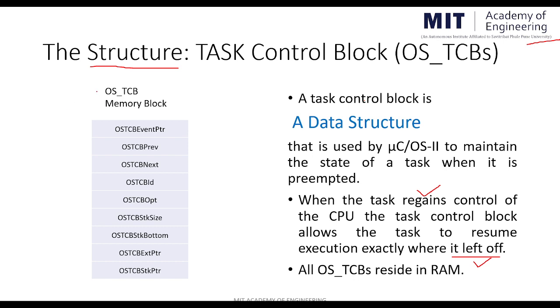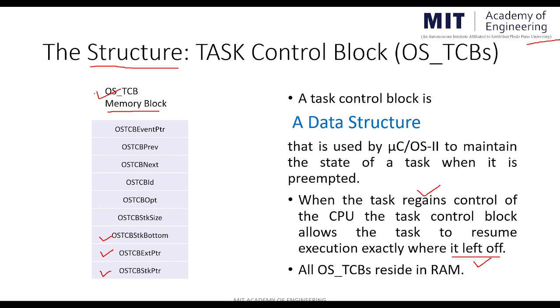Now, this diagram says that this is a memory block. Whenever the word structure is there, this is a memory block, where all the member variables are saved sequentially. To make this happen, the programmer has to write the structure in C language.